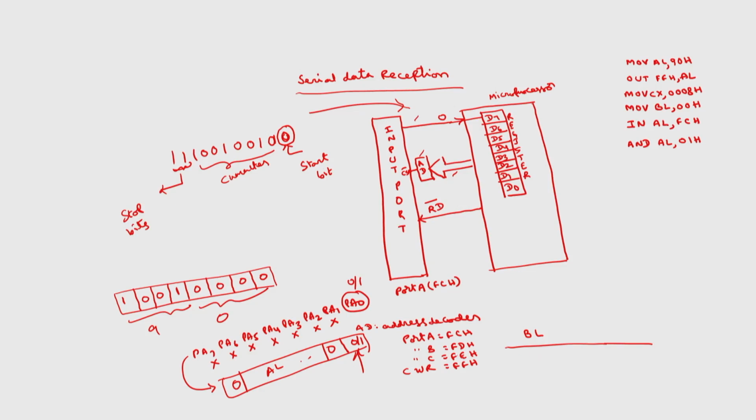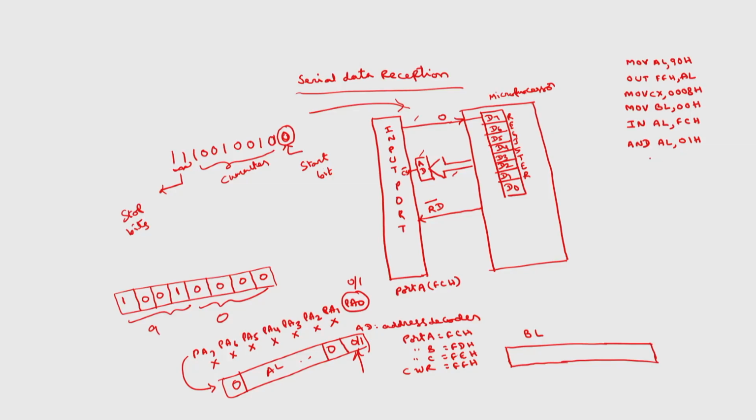Okay. But the first bit will be the start bit. So, until the start bit is 0, I have to wait, because if the start bit is not 0, that is not a valid character. So, after ending with this one, jump on carry here itself.